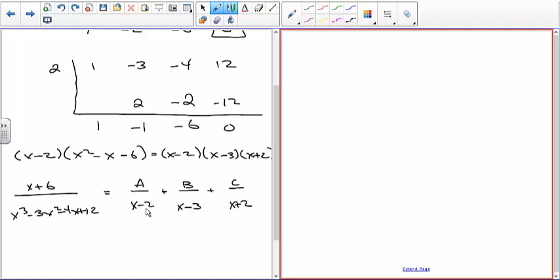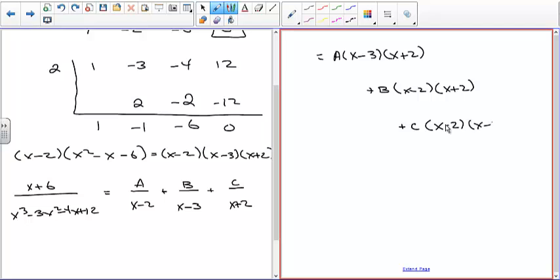But so what we do now is we take a times these two, take b times those two, and c times those two. So we'll have a times x minus 3 times x plus 2 plus b times x minus 2 times x plus 2 and c times x minus 2 times x minus 3.